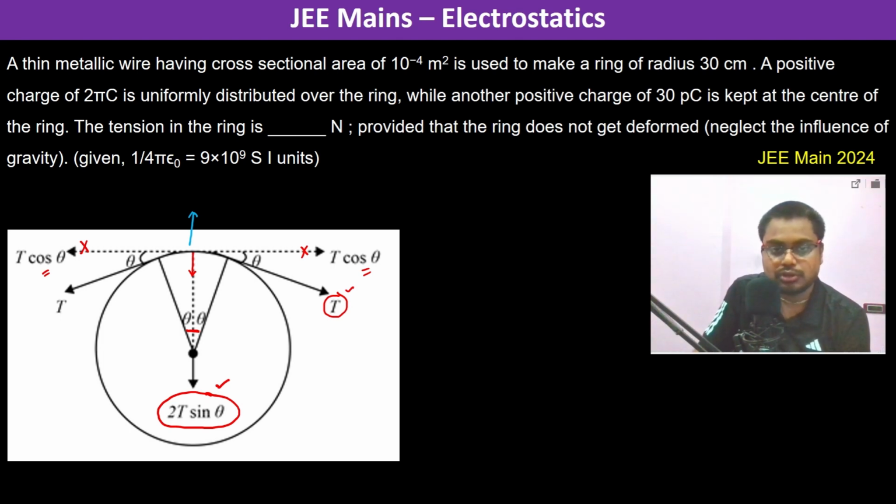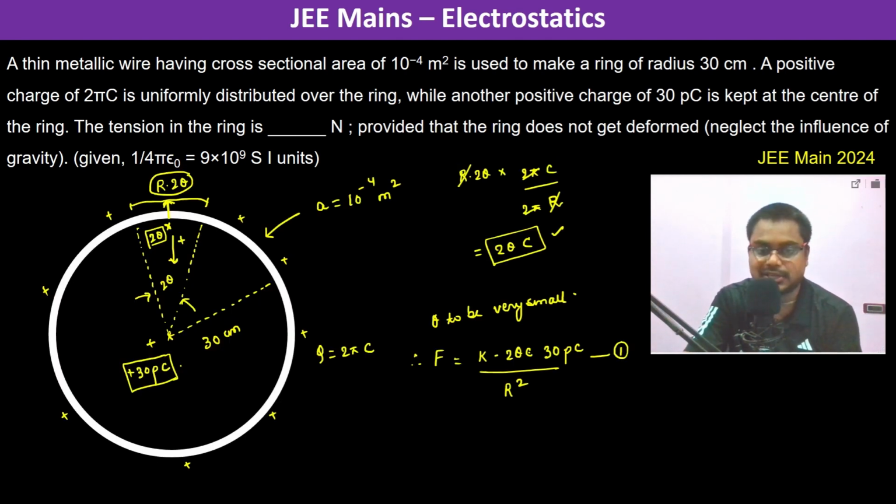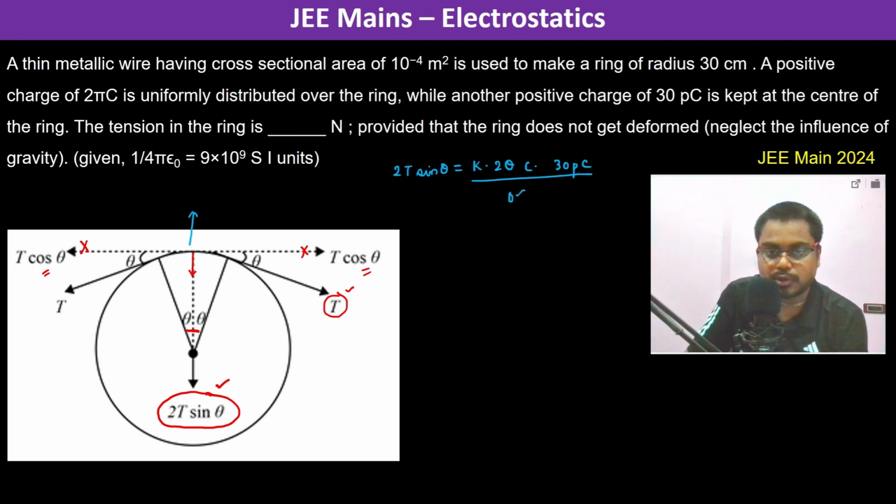So 2T sine theta is equal to K into 2 theta into 2 theta coulomb into 30 picocoulomb divided by r square, and r is 30 centimeter, so 0.3 meter whole square. Since theta is very small, we can write sine theta equal to theta.